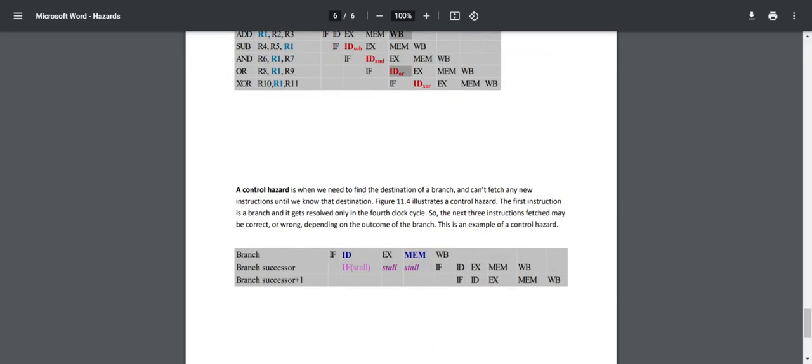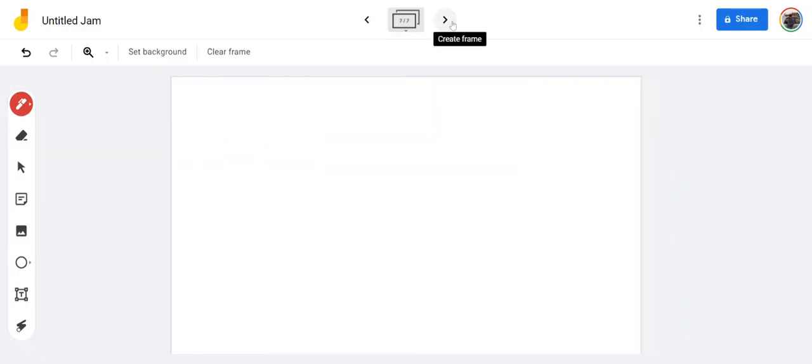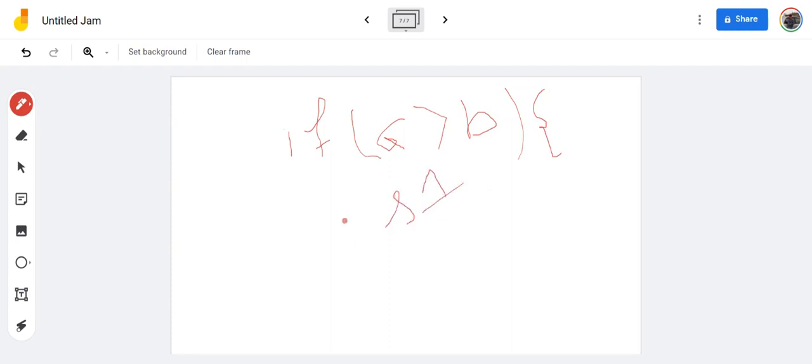Control hazard occurs when we need to find the destination of a branch and can't fetch any new instruction until we know that destination. I believe we discussed this yesterday. Just once again, if A greater than B, statement 1 should get executed, else statement 2 should get executed.